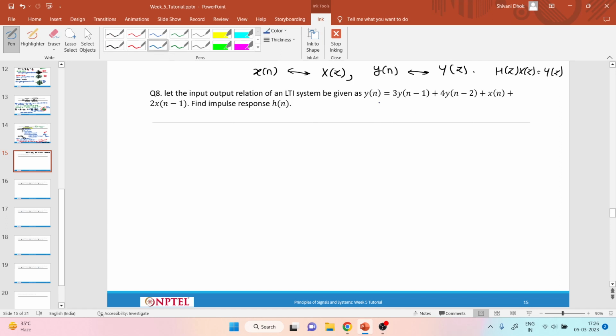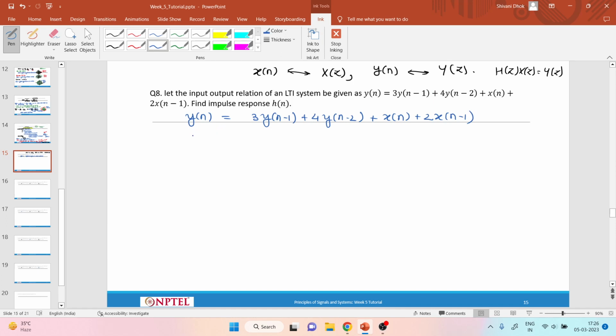So now let us try to find the z transform of the given transfer function. So what do we have is, y of n is equal to 3 times y of n minus 1 plus 4 times y of n minus 2 plus x of n plus 2 times x of n minus 1.